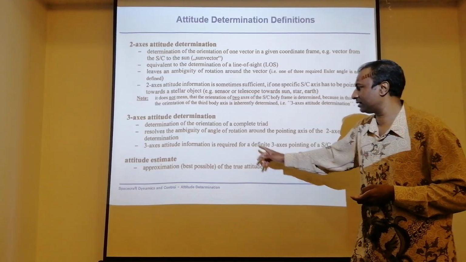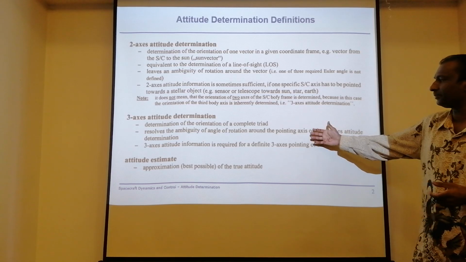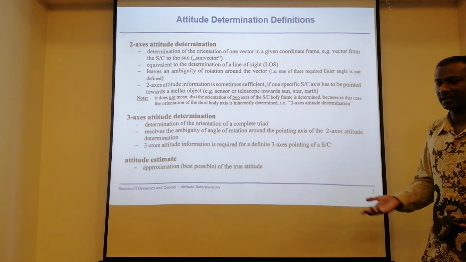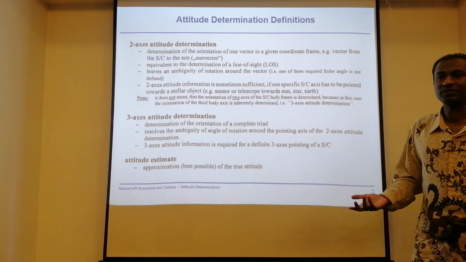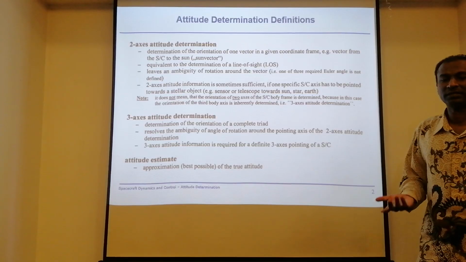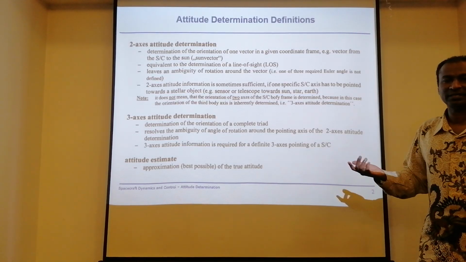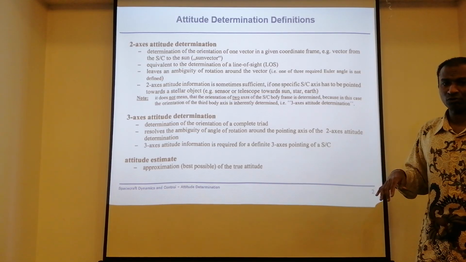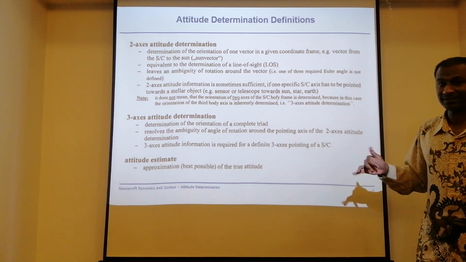So for three-axis attitude determination, I can have a sun sensor, for example, and then also a gyro added to maybe the yaw axis. When I have a sun sensor along the z-axis, I should be able to take care of, or sense, the roll and pitch motion.